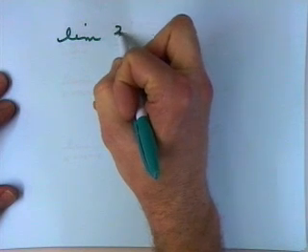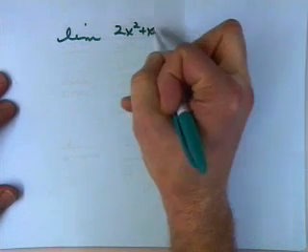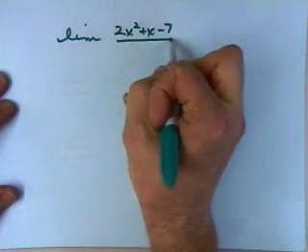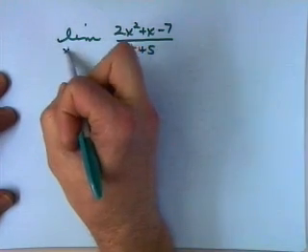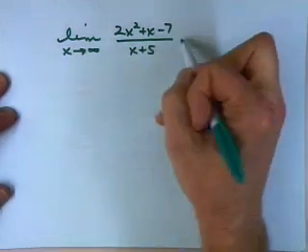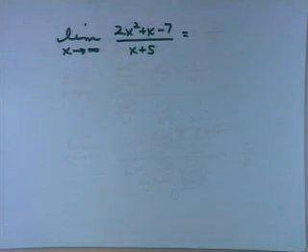So let's say degree of the numerator is 2. Degree of the denominator is 1. Guesses? Let me ask another question first. Which wins, the numerator or the denominator? Numerator.